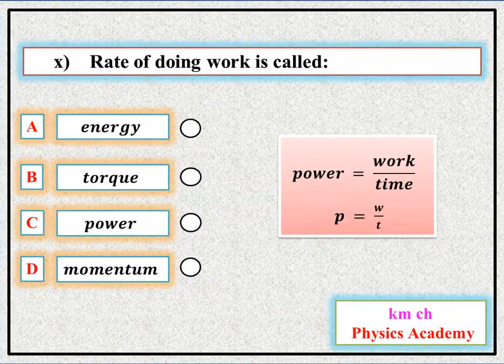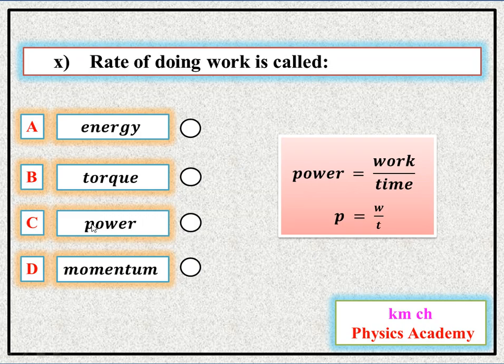Question number 10. Rate of doing work is called A. Energy, option B. Torque, option C. Power, option D. Momentum. Now we know that energy, if it is potential energy, then PE is equal to mgh, and if it is kinetic energy, then KE is equal to 1 over 2 mv square, and torque, tau is equal to r cross F, and power is rate of doing work.